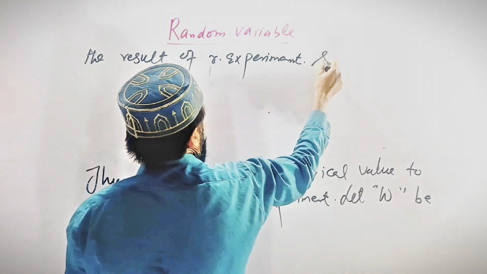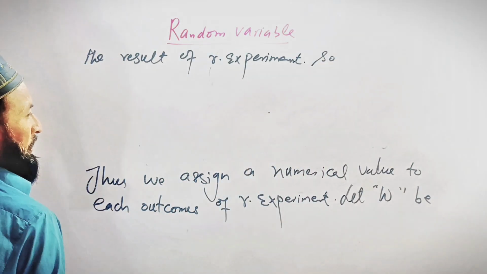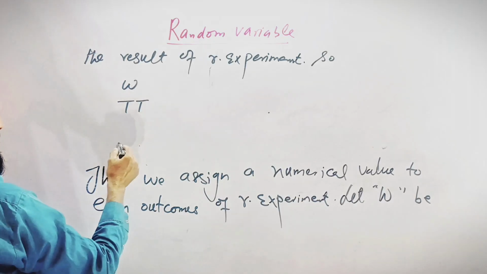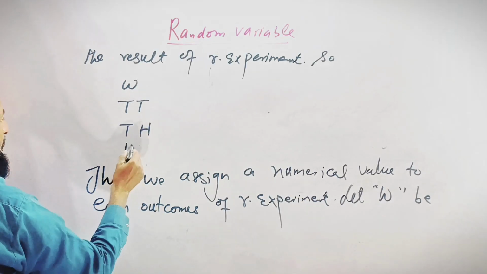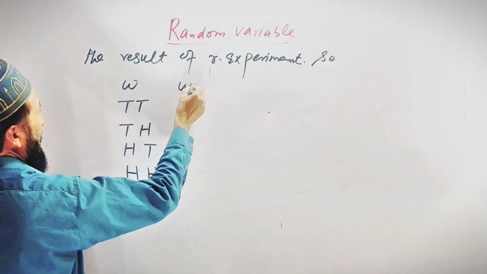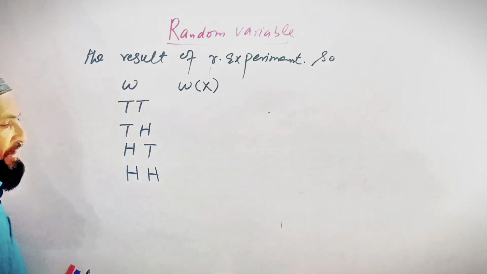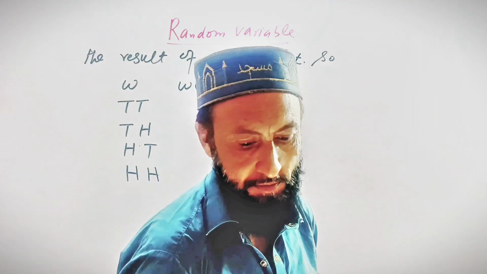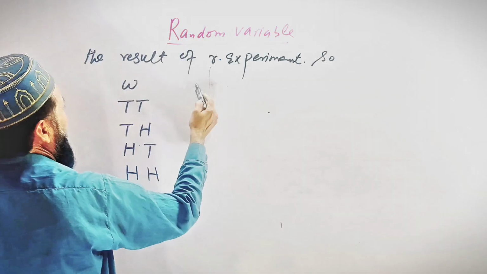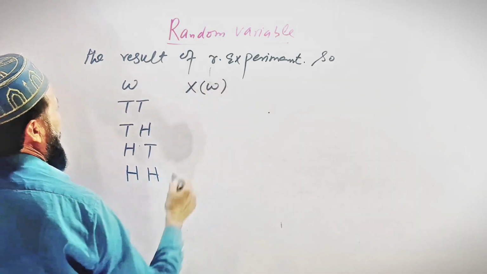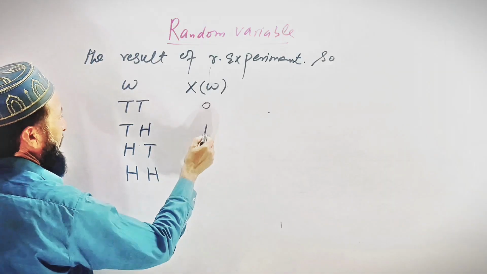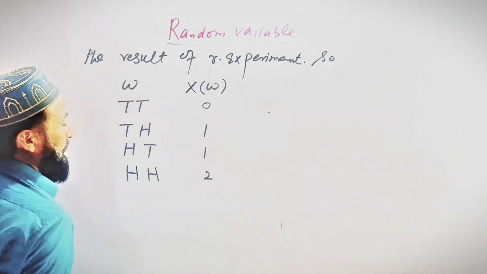So W we can write here as TT, TH, HT and HH, and X of W, where X is a random variable, we write in function form. Here there is no head, here one head, here also one head, and here two heads.